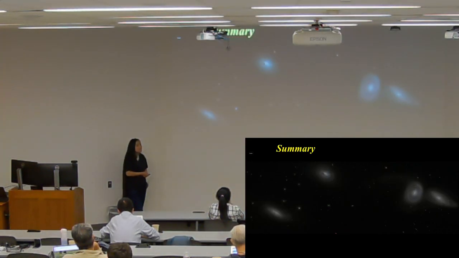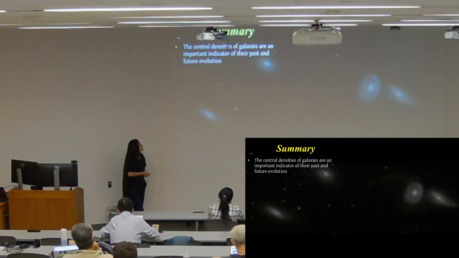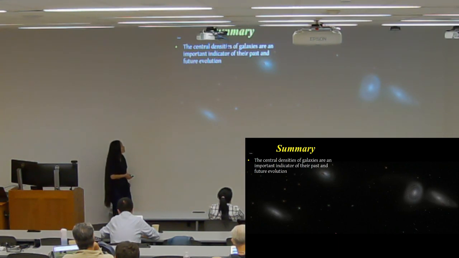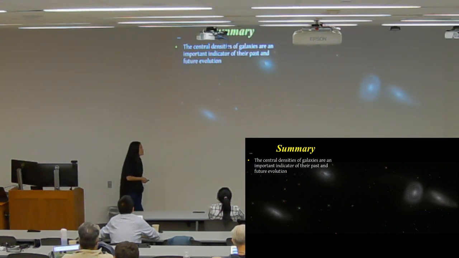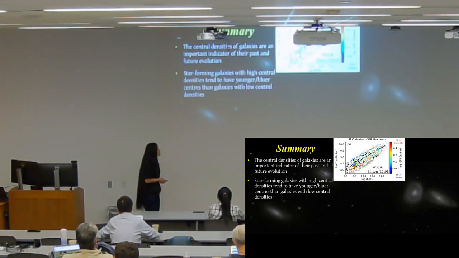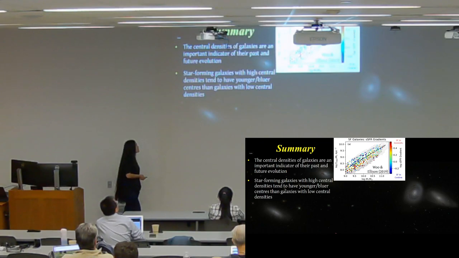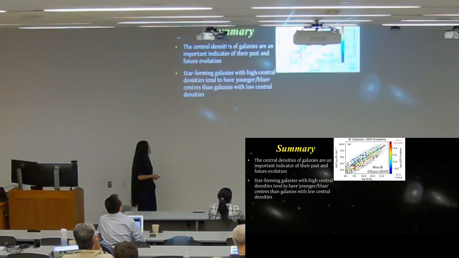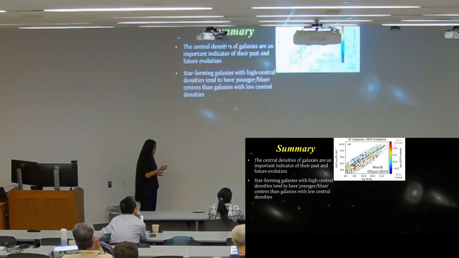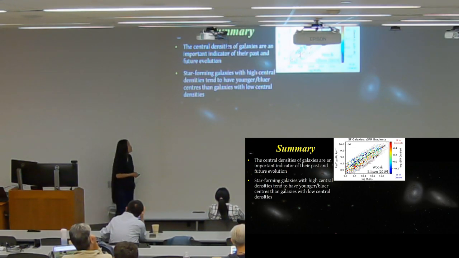All right, so in summary, the central densities of galaxies are an important indicator of their past and future evolution. In particular, star-forming galaxies with high central densities tend to have younger or bluer centers than galaxies with low central density.